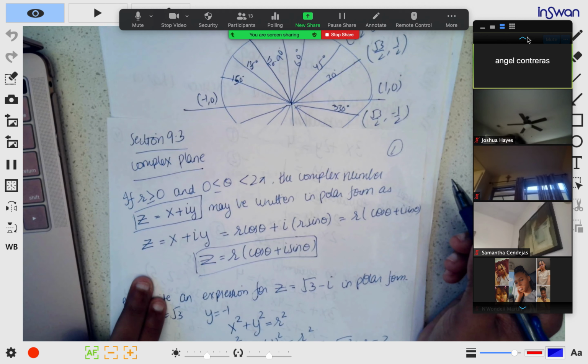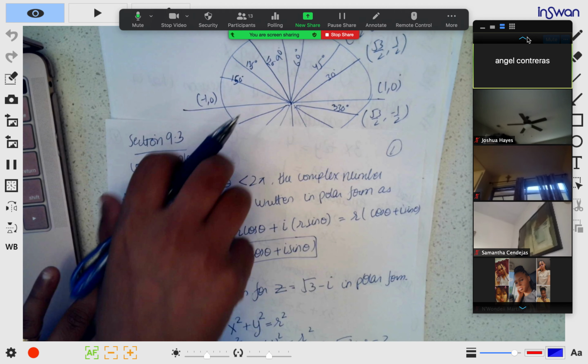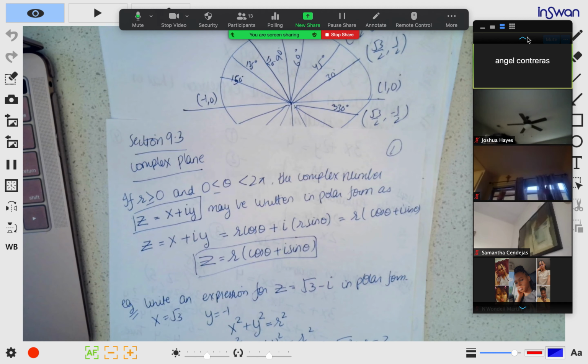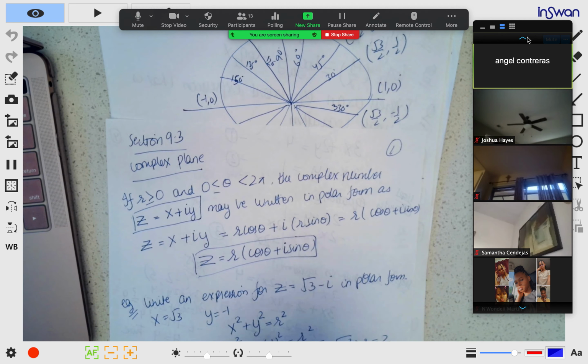In this topic, especially 9.3, we are dealing with complex numbers and converting them into polar form. So in polar form you will also have i, because it's a complex number. Are you getting it, Angel?